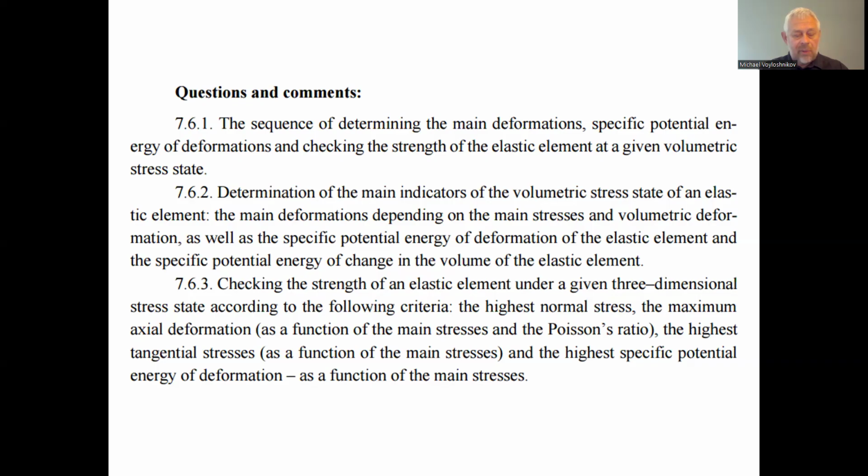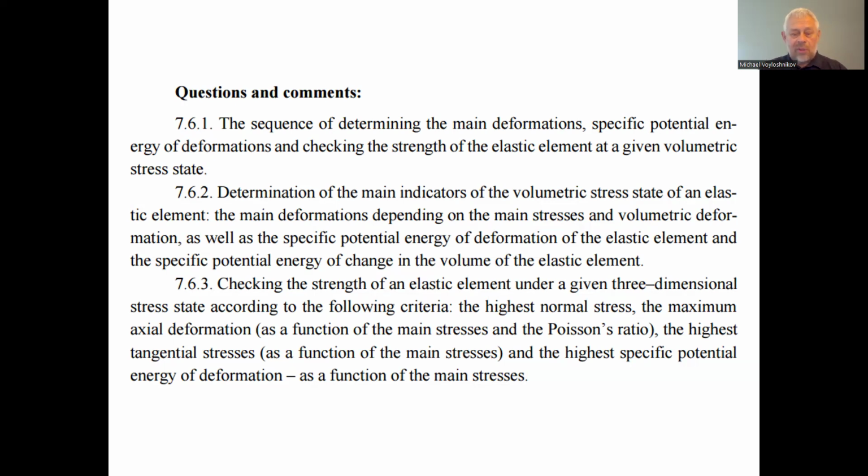The next hypothesis, the highest tangential stresses. This is a very simple, very reliable calculation hypothesis. We just find the difference of two main stresses, sigma 1 and sigma 3.